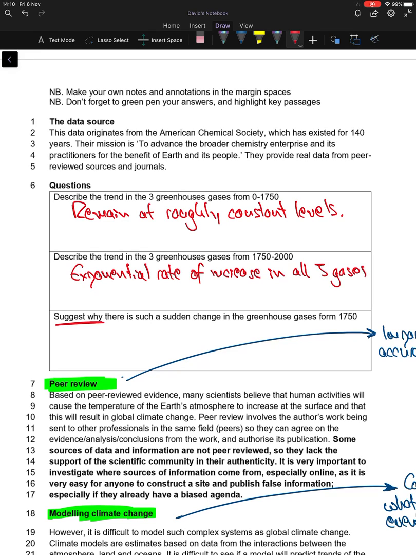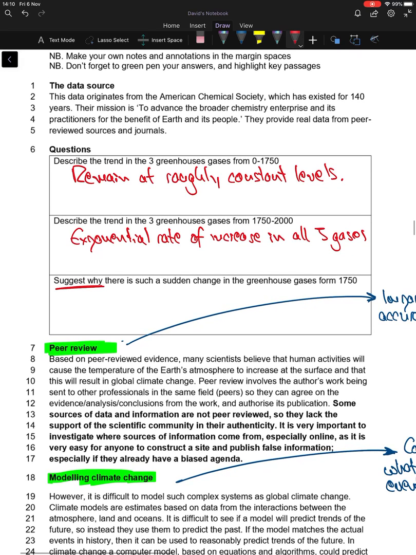Now, suggest why that happened. The reason why it happened is because there was an increased development of industry by humans, and we often refer to this stage in history as the Industrial Revolution.